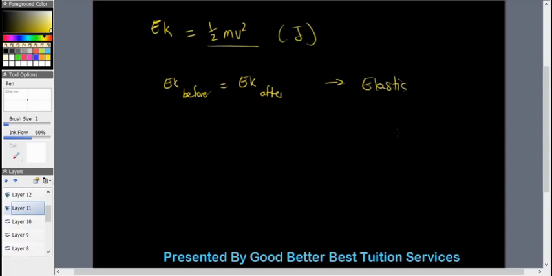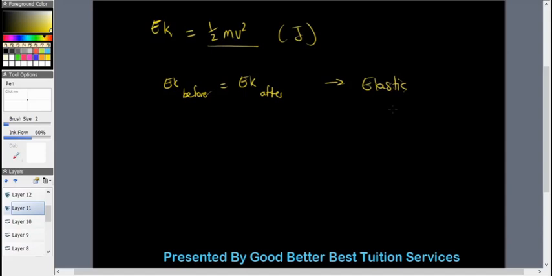An elastic collision. If you think of an elastic band, if you stretch an elastic band and you let it go, it comes right back to its original form before it was stretched. So that's the same concept really: before the collision happened, both particles had a certain kinetic energy.